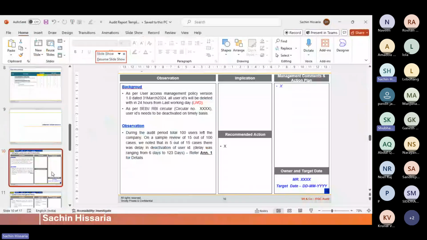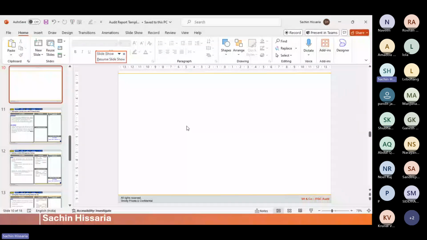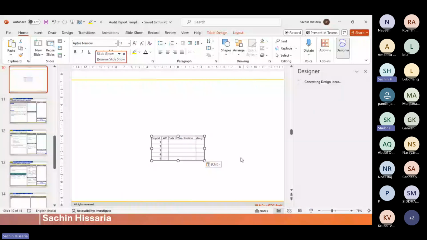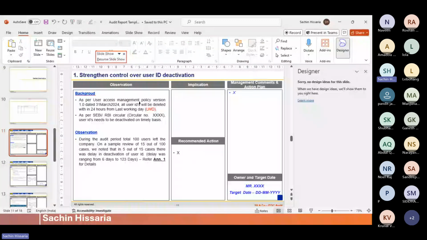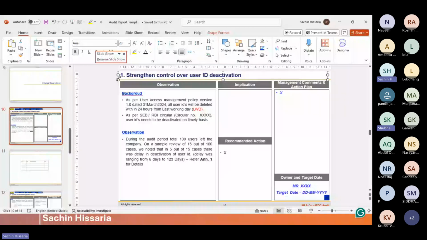Here you will just put this annexure with all the details, and do proper formatting. Then you will write the heading: this is annexure 1. So this makes your report very proper, guys.